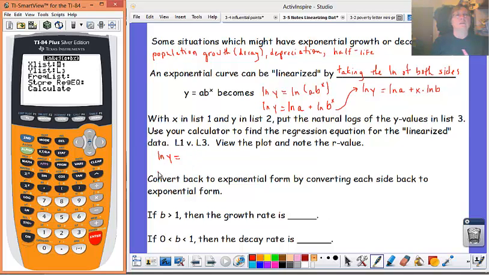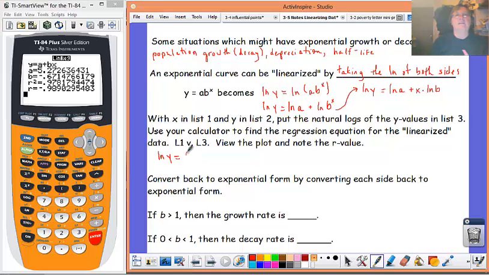The natural log of y is equal to, according to them, A is about 5.273 plus a minus 0.671 approximately, just carrying things out to the thousandths place, times x.